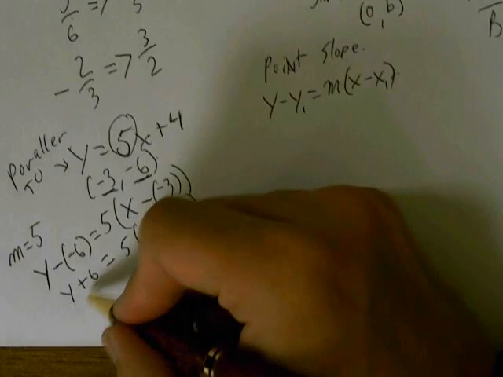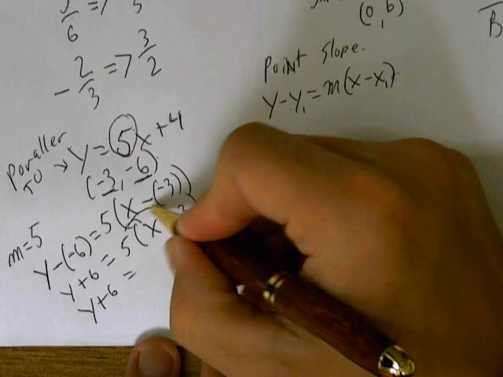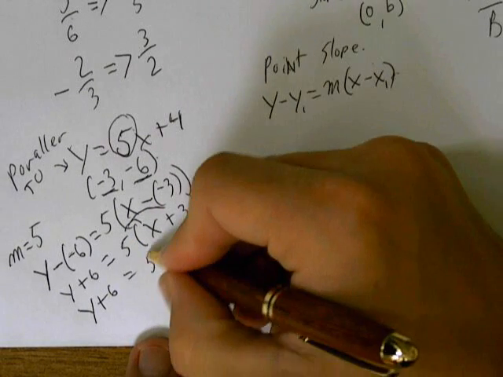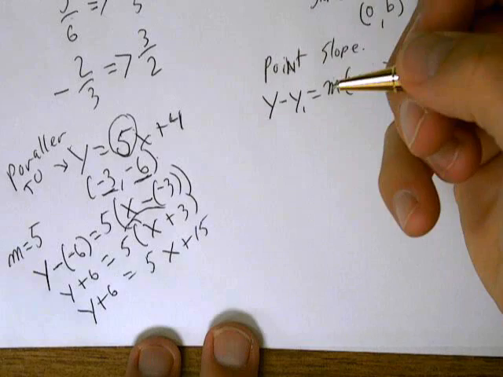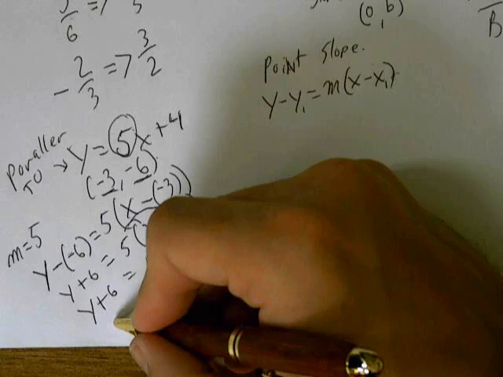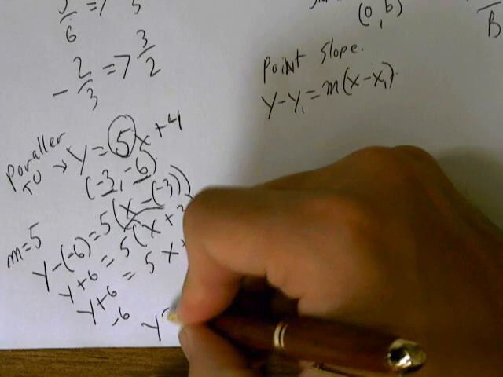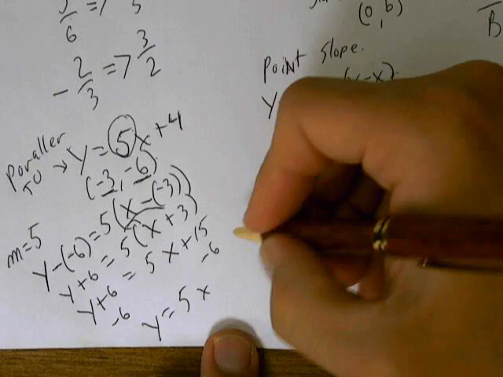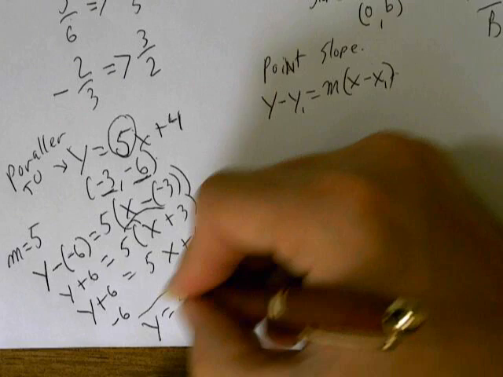I'm not going to touch this side for a second. Y plus 6 equals, and I'm going to distribute this side. 5x plus 15. Now I'm really close to what I want. I just need this to be gone, right? So I'm going to subtract 6 from both sides. And I end up with y equals 5x plus 9. And that's going to be my answer on that one.